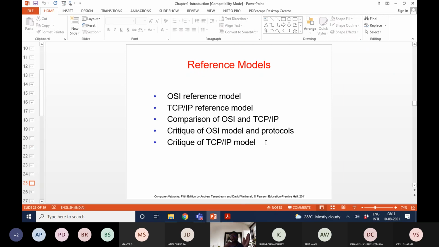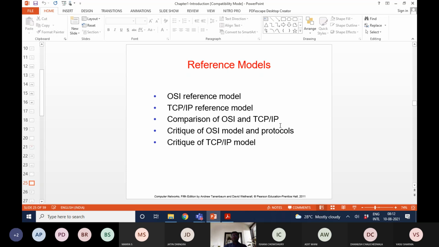The OSI model is a standard that we have to follow, so we treat it as the OSI reference model. The TCP/IP model is also a standard, so we follow that too, hence the TCP/IP reference model. Then we will see the comparison between OSI and TCP/IP, and the criticisms of the OSI model and the TCP/IP model.